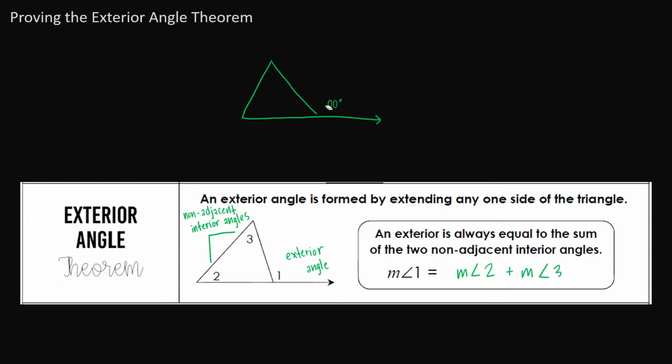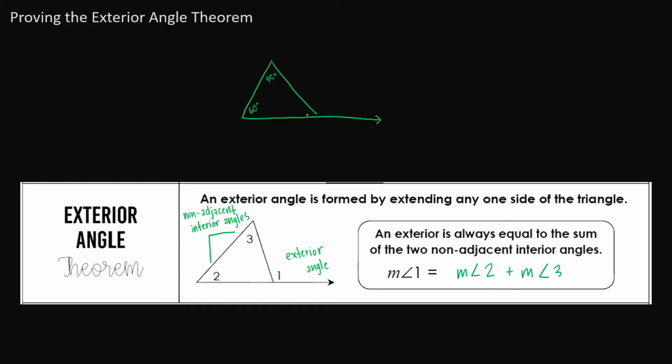I'm just going to give the interior angles for a second. So let's say we've got a 60-degree angle and we have a 45-degree angle. And we don't know the measure of the third angle. So let's try to find that.